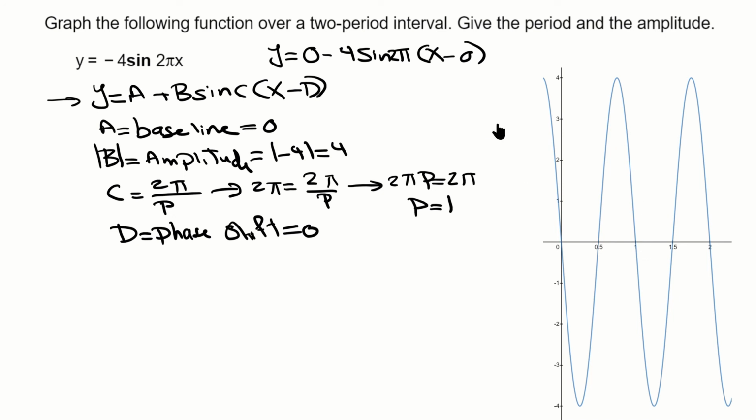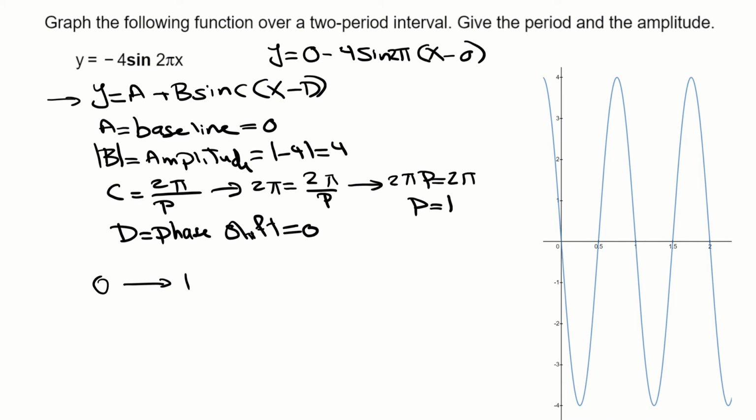And so as far as the 5 significant points on one cycle, we know that it starts at 0 and it ends at 0 plus 1, or just 1. And we know that each of these significant points along the way, where it'll hit a minimum point and then back to baseline and a max and then back to baseline, will happen at distances of 1/4 of the period.